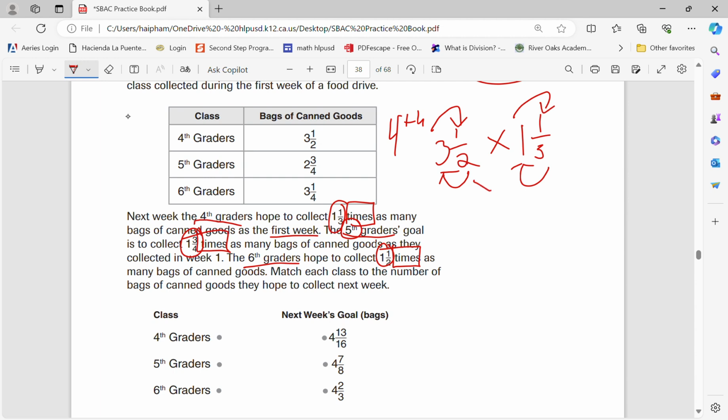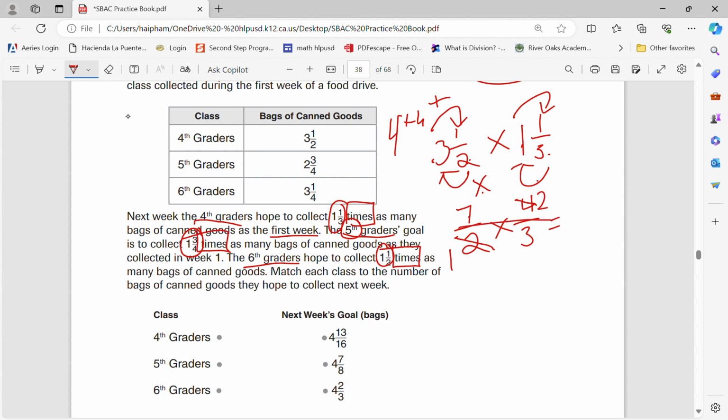First you multiply, then you add. 2 times 3 is going to give me 6 plus 1 is 7. I have 7 over 2. 3 times 1, 3 plus 1 will give me 4. I have 4 over 3. Here I can cross cancel. 2 divided by 2 is 1 time. 4 divided by 2 is going to be 2.